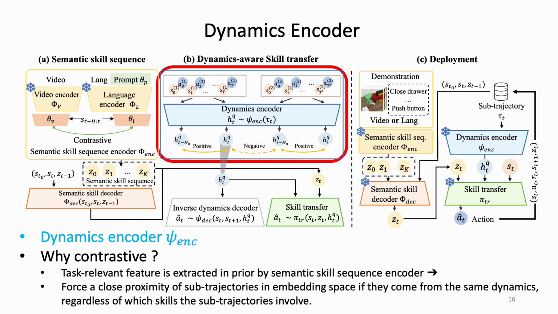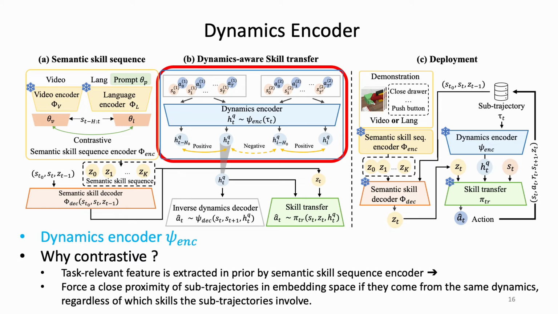For instance, let's consider a dataset containing a single trajectory that includes state action sub-trajectories for two different skills, close drawer and push button. Typically, these two sub-trajectories would maintain a considerable distance in the embedding space due to their distinct state action distributions.